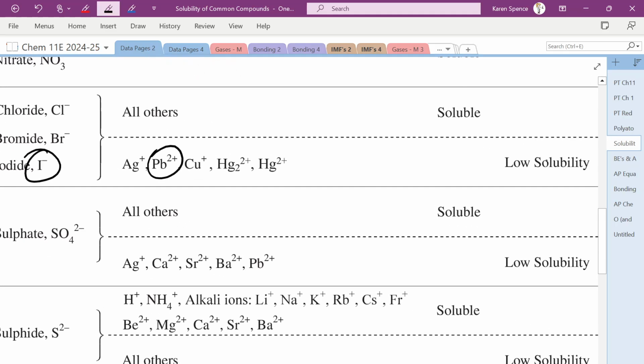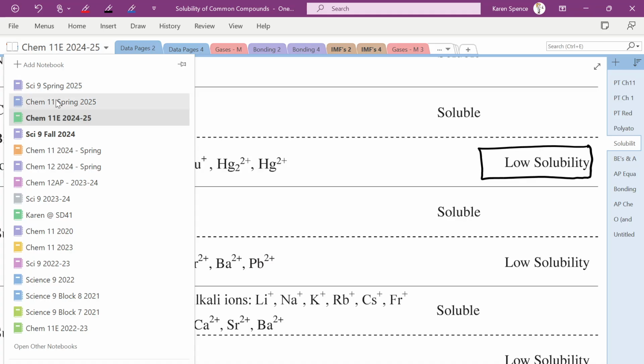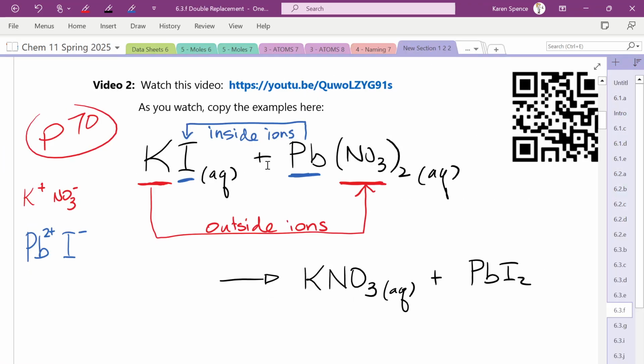And if it's with lead, it is low solubility. And what does it mean if it's low solubility? That means it is the solid. Okay. So this is solid.